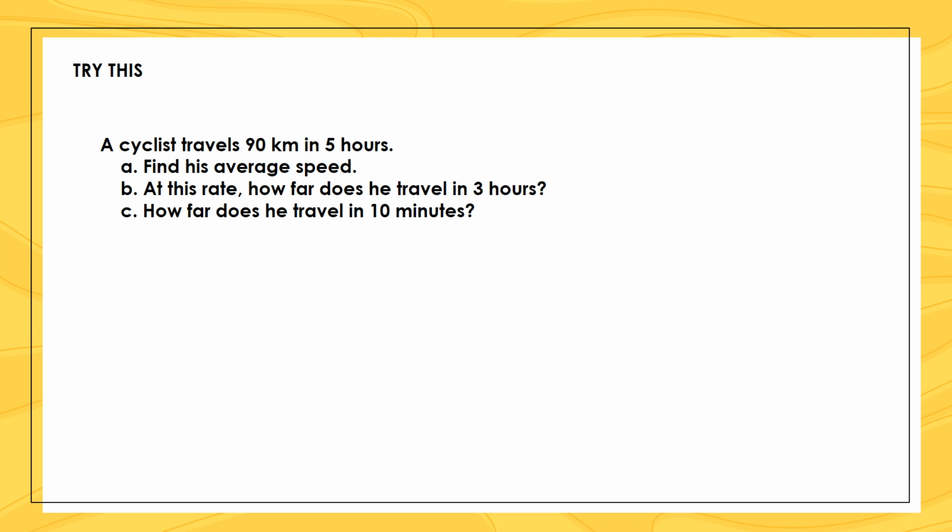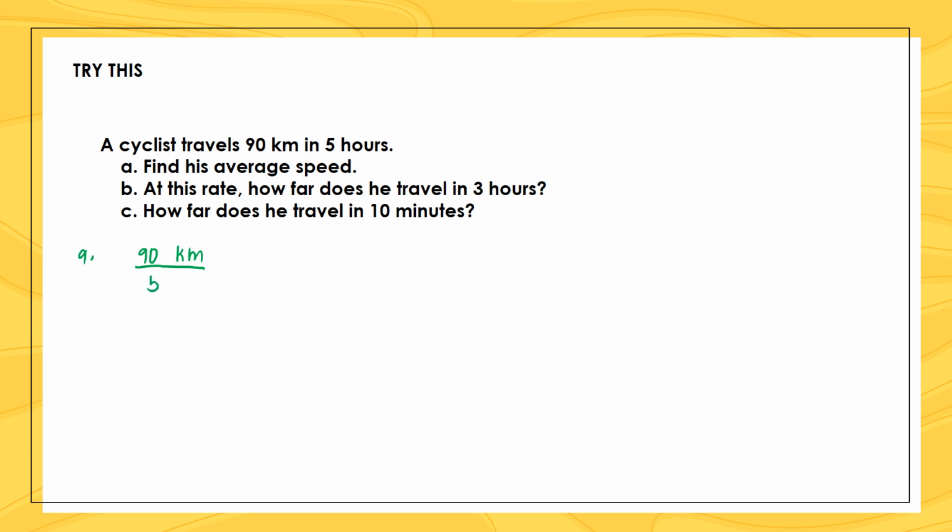Okay, so to answer letter A, find his average speed. For this question, we just need to apply the formula for the average speed. So average speed is equal to total distance traveled, so let's have 90 kilometers, and then the total time taken. To reach this 90 kilometers, how much time did he use?